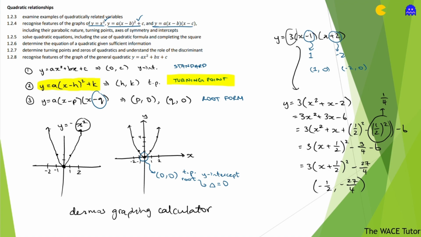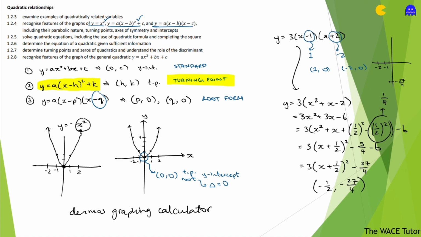And so we know, first of all, because a is positive, that our graph will look something like this. We know that our turning point is at -1/2. So this is -1, -2. We know it'll be at -1/2 and at -27 on 4, which is a little bit less than -6. So we'll just put this arbitrarily as -27 on 4.